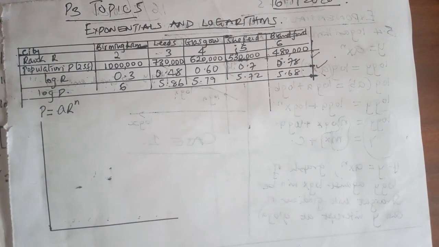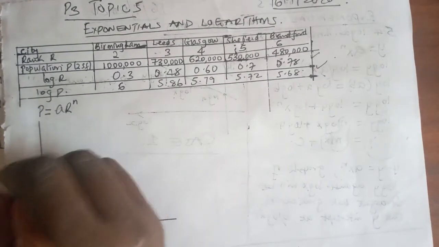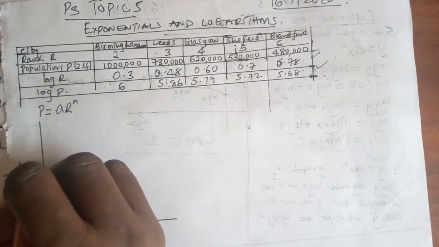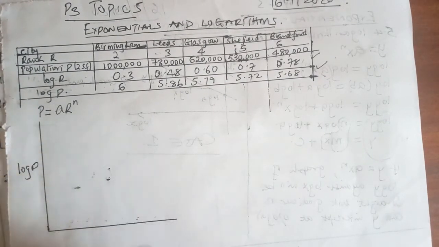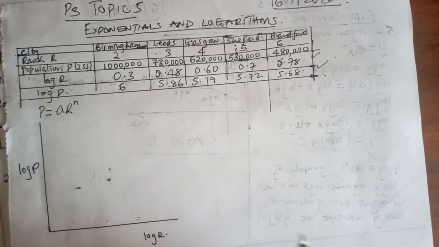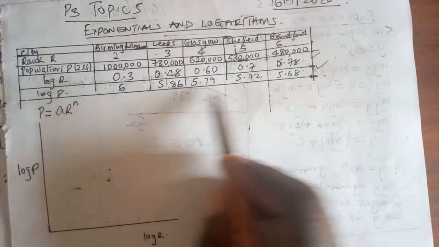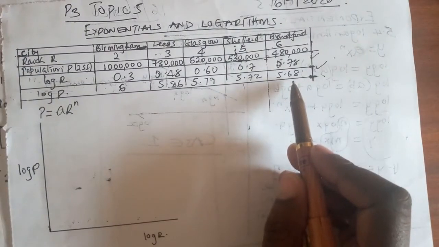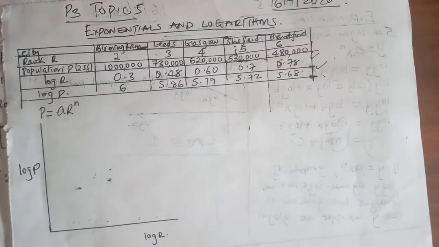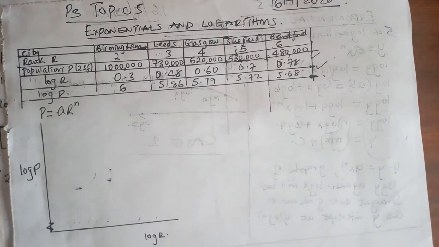And we need to know something. If this is the logarithm of P, and this is the logarithm of R, we have to verify that the logarithm of P runs from 5.68 all the way to 6. So we may not have to start from 0, and that is an indication.